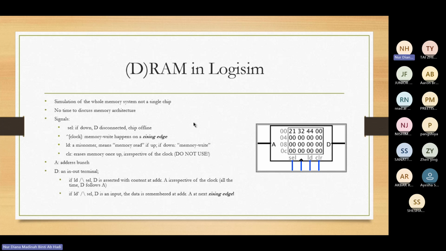as you look at here, where are LD, CLR, A, and D located? If you said just now, you understand, right?